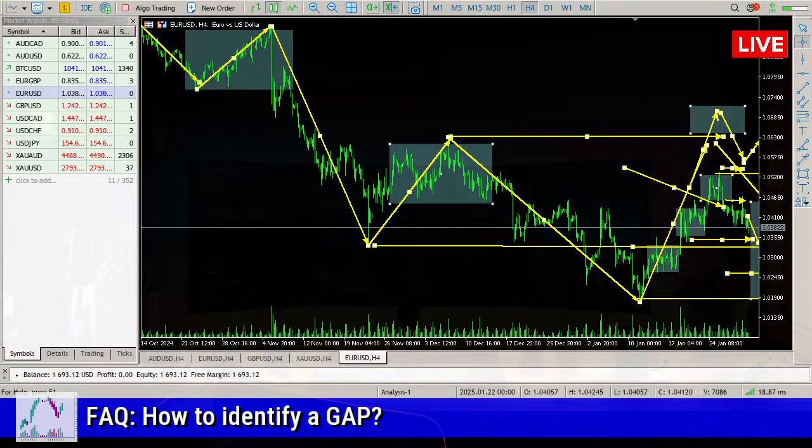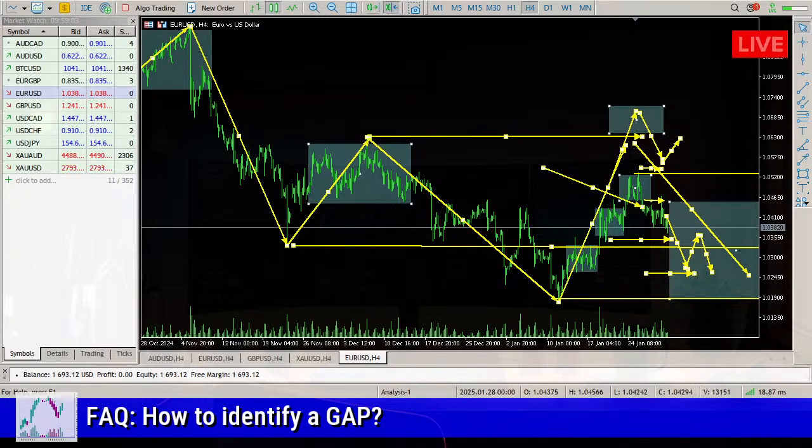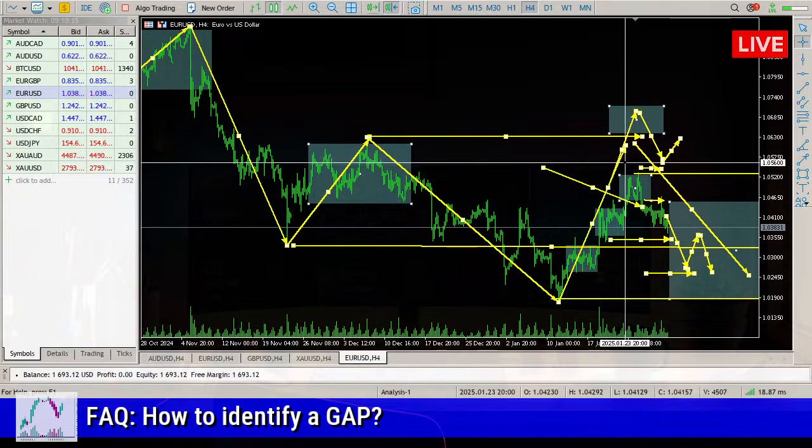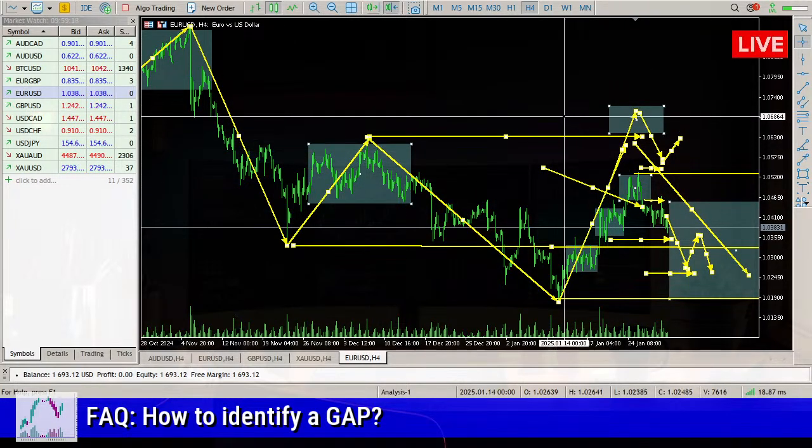This one will be safer compared to when this one goes up and shows a reversal pattern here. When I take this one, it will give more risk. That's all.